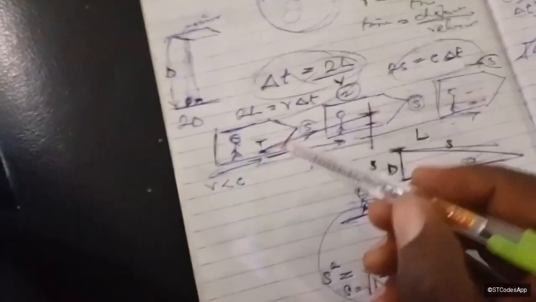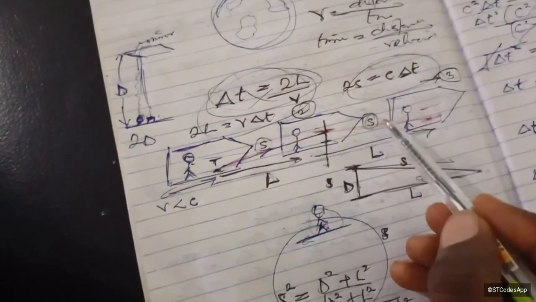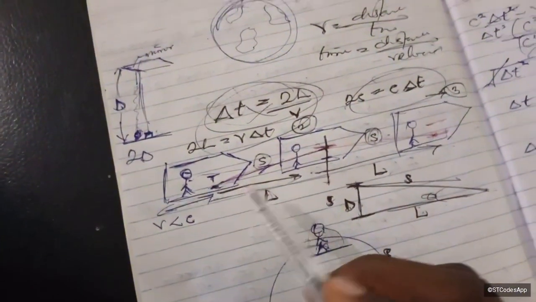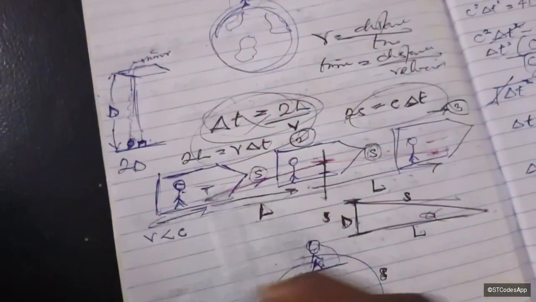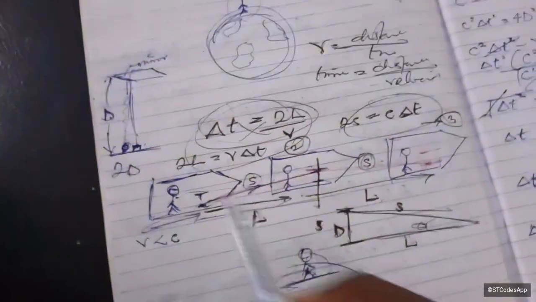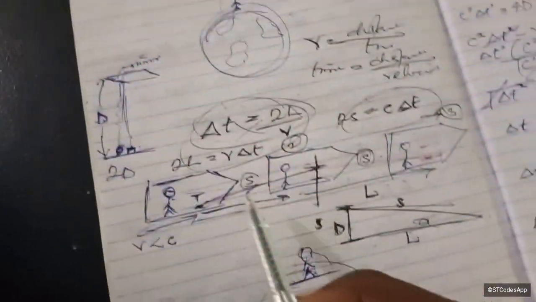Even though that is the case, according to the second postulate, the diagonal path that light has taken, light traveled that path at the same speed. Is that okay? But it has covered a longer distance.